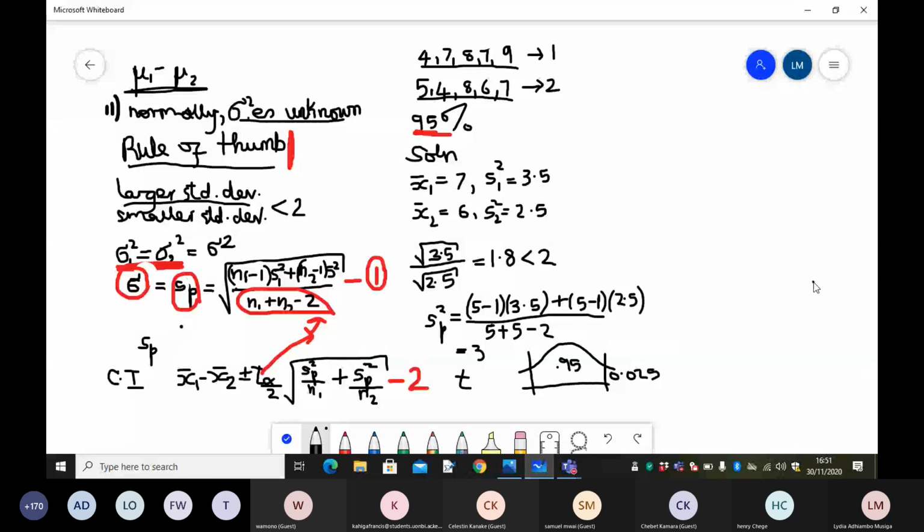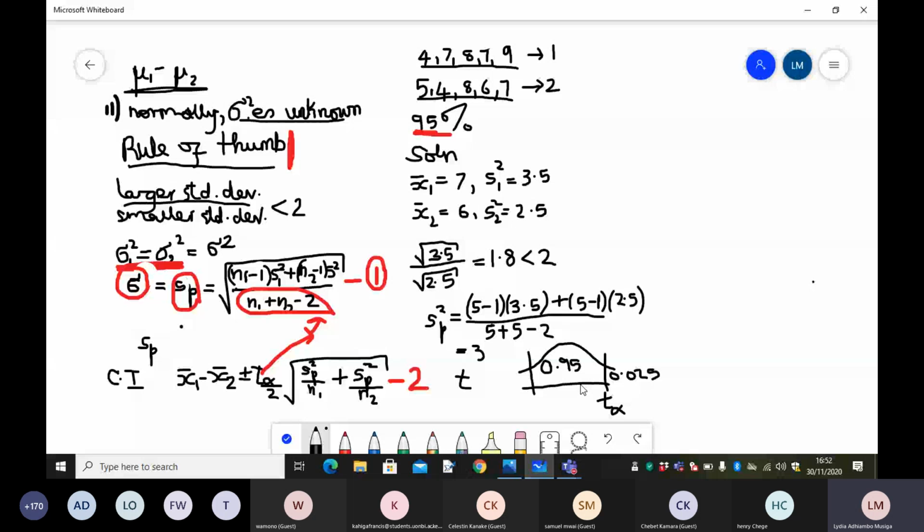So why 0.025? The middle area is 0.95. As I said when we were learning how to read the T tables, we talked about T alpha, and we said that T alpha represents the area to the right.